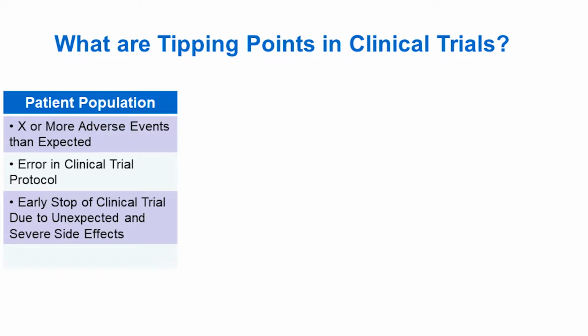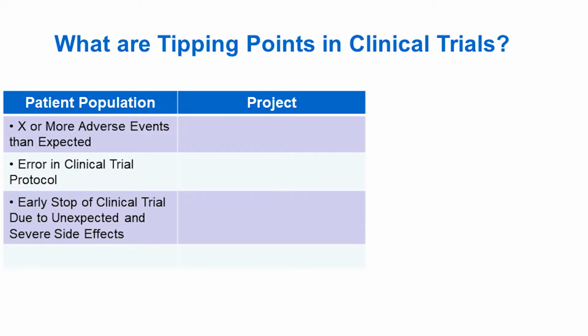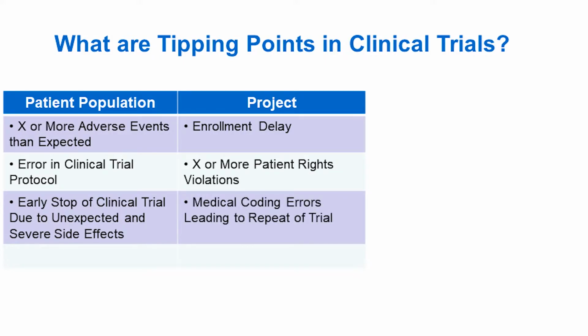For the clinical trial project, example tipping points of material consequences might include a delay in enrollment of 3 or more months, 2 or more cases of patient rights violations, medical coding errors leading to a repeat of the trial, or an FDA 483 or warning letter.